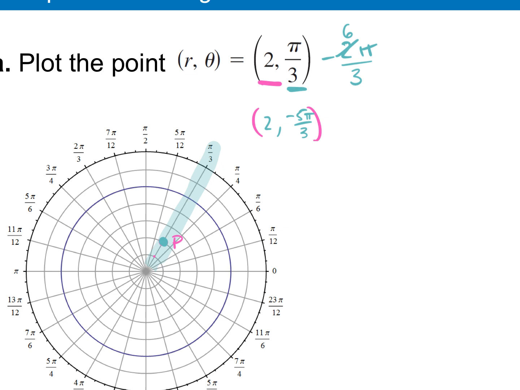We could have also added another 2π and gone in the positive direction. So if we went around π/3 and then went another 2π all the way around, we'd end up in the same spot. So we could add 2π, which we said is 6π/3. So if I had π/3 plus 6π/3, that would be (2, 7π/3).